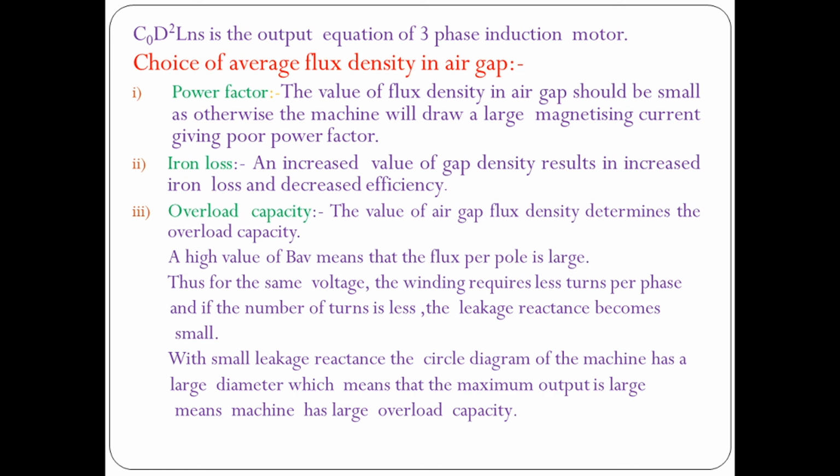If the diameter of the circle diagram is increased, it means the motor gives a large maximum output, which means it has large overload capacity.